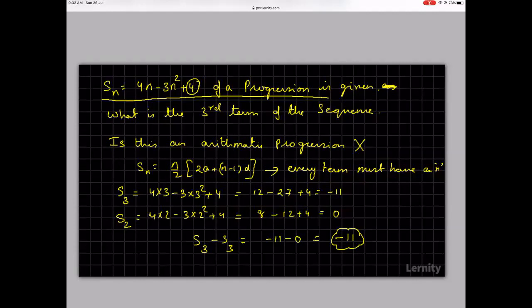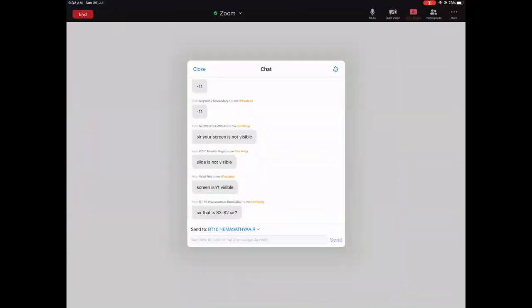You cannot do it the other way because this is not an arithmetic progression. We cannot find A or D. Since this is not an arithmetic progression, we can neither find A nor D. So you have to do S3 minus S2.